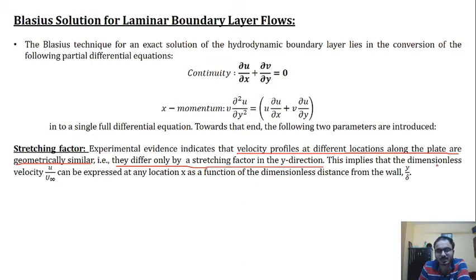This implies that the dimensionless velocity u upon u infinity can be expressed at any location x as a function of the dimensionless distance from the wall y upon delta.